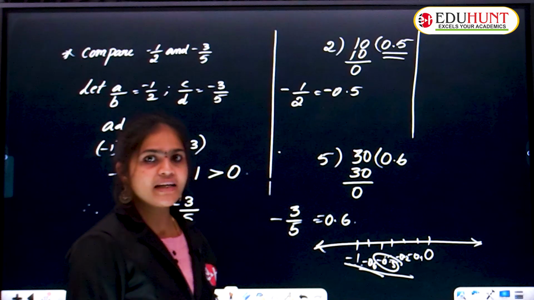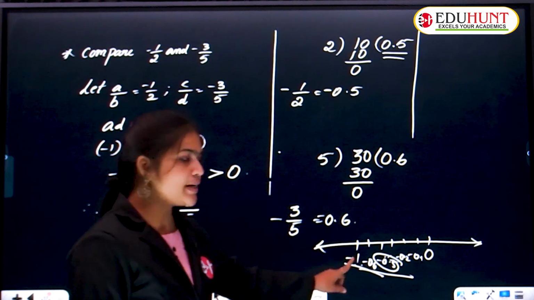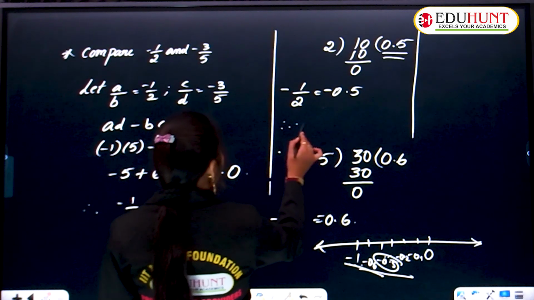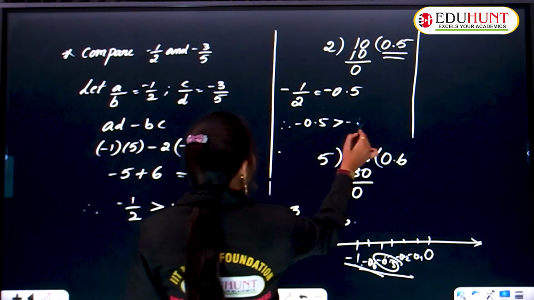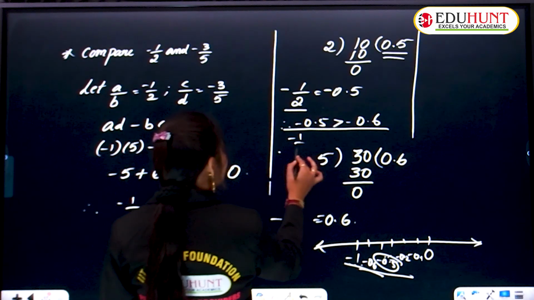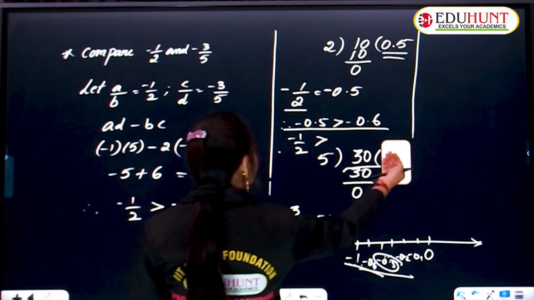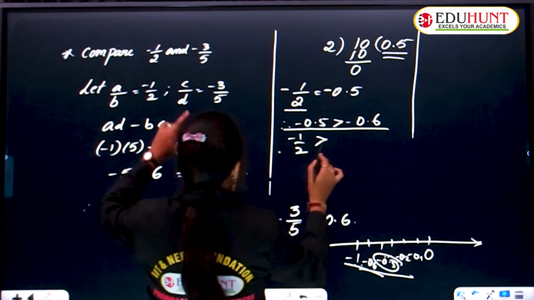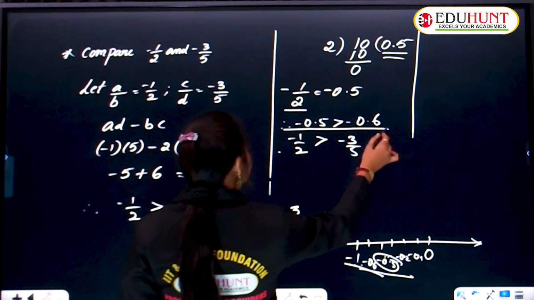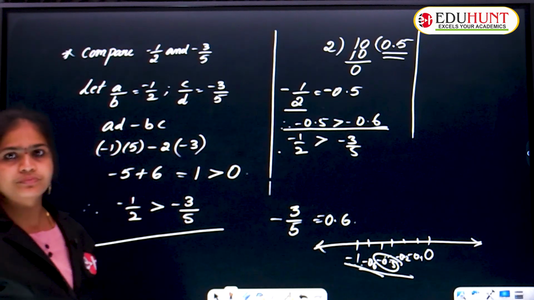In that case we can say that minus 0.5 is greater than minus 0.6. Minus 0.5 is the value of minus 1 by 2, no? Then minus 1 by 2 is greater than minus 3 by 5, whose value is minus 0.6. Yes, this is the proof.